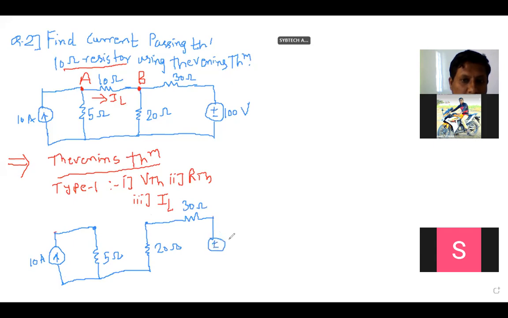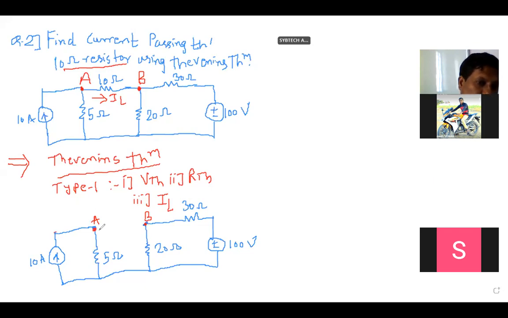This is plus minus 100 volt. Now this is the second terminal, this is the first terminal. Here you can give the name A, here you can give the name B. So this is the circuit ready for finding VTH and RTH.